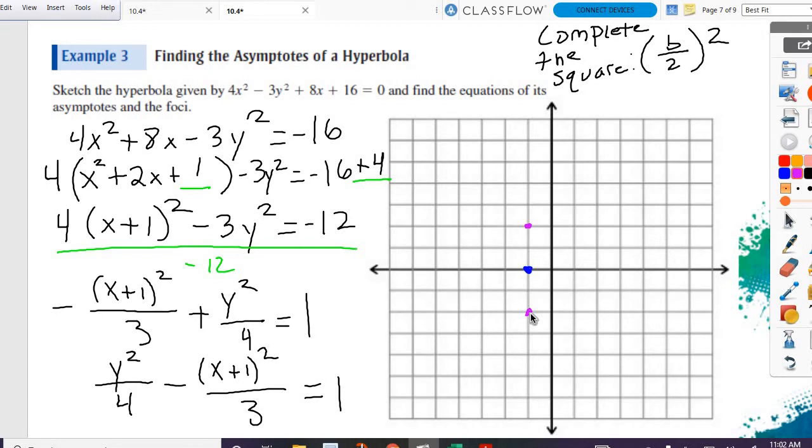So I'm going to go left and right 1.7 to put my other 2 points. And then again, remember, we're going to draw our box and go through our corners.